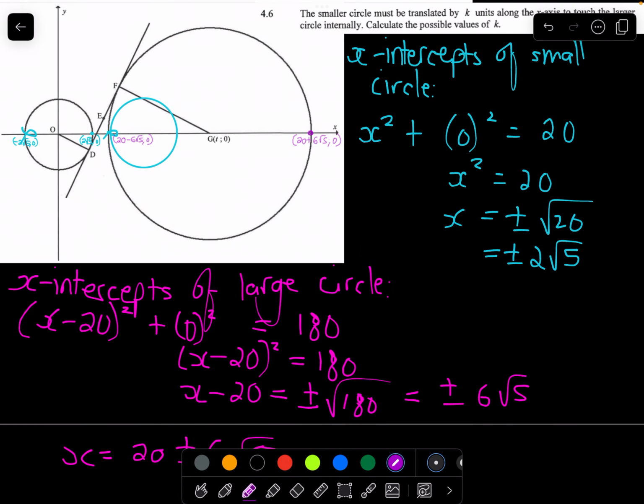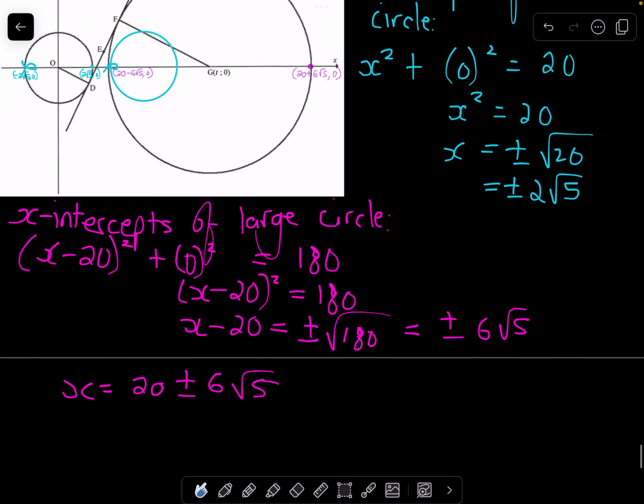Okay, right. So in order for this x-intercept to come here, it's going to need to travel from negative 2 root 5 to 20 minus 6 root 5. So we need to find the difference.